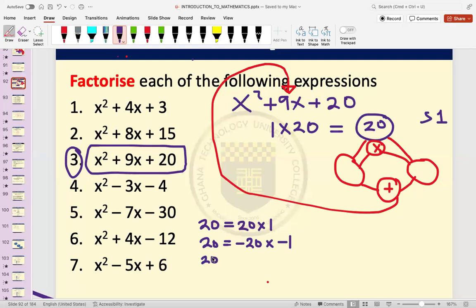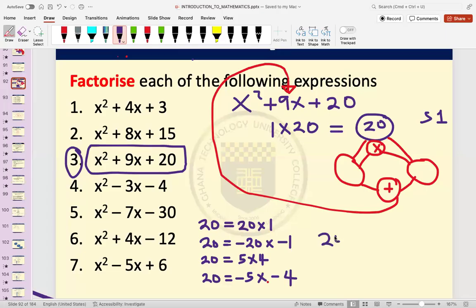Or this 20 is the same as 5 multiplied by 4. That will also give you 20. This same 20, you can have negative 5 multiplied by negative 4. That will also give you 20.